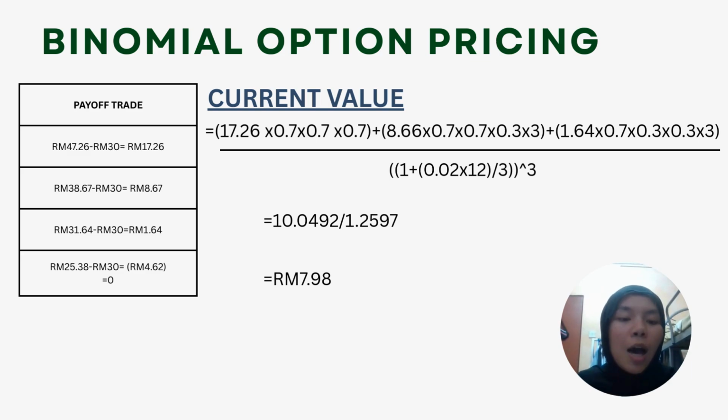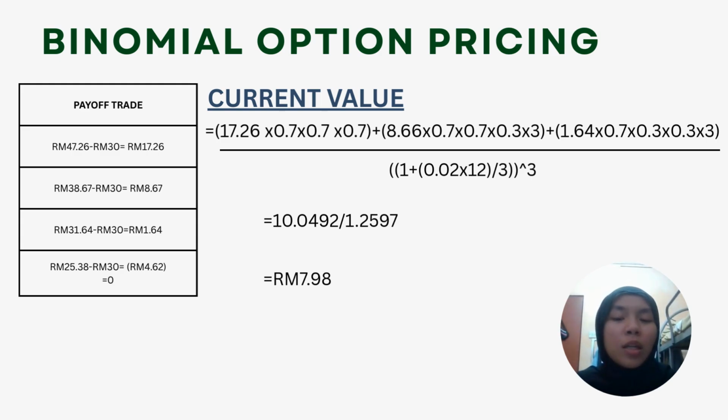We choose up, down, down, so the calculation will be 0.7 multiplied by 0.3 and multiplied by 0.3, and then multiplied by 3.